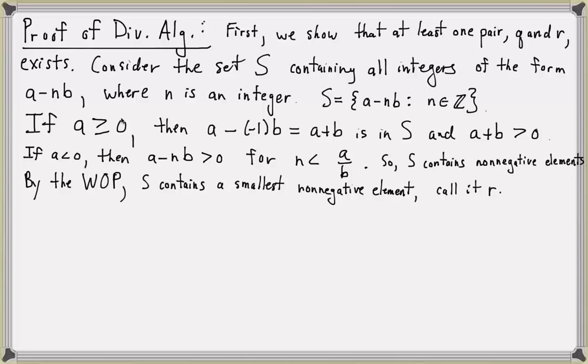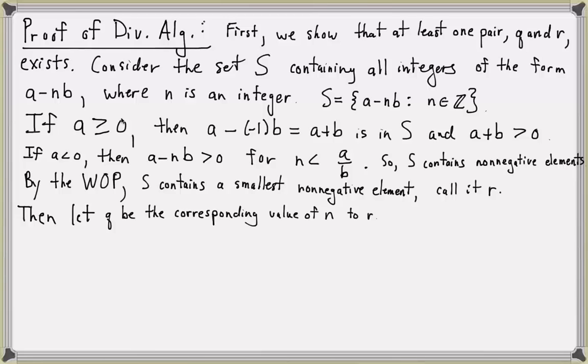Then the number Q will be the corresponding value of n for this smallest R. So I'm going to let Q be the corresponding value of n to R. In other words, every element of S looks like A minus nB.